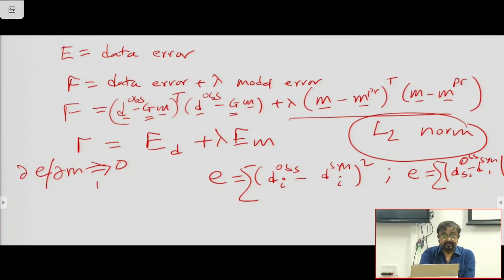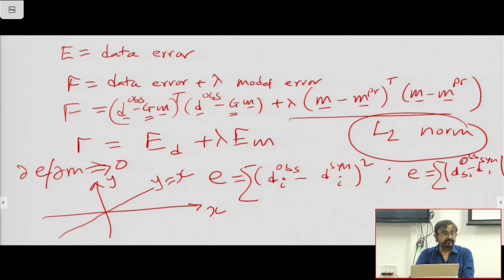Let's say that I have a straight line here. If this is x and this is y, this equation is y equal to x, right? What is the derivative of this equation? 1, right?